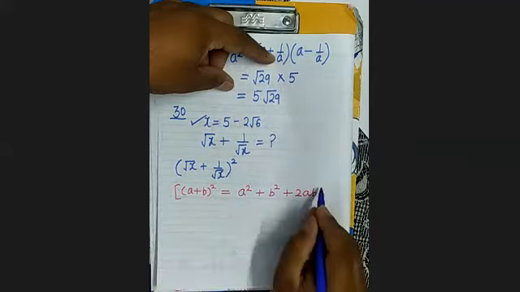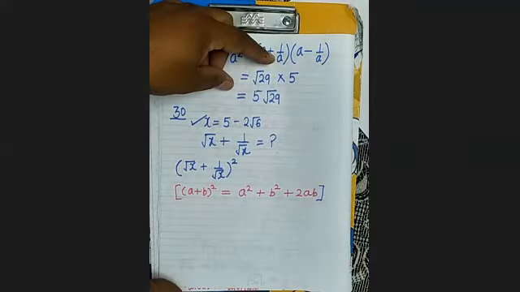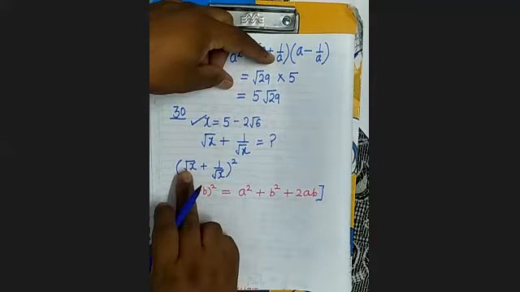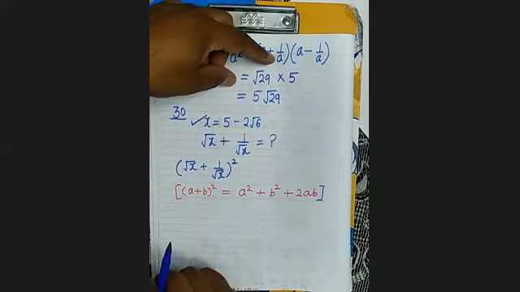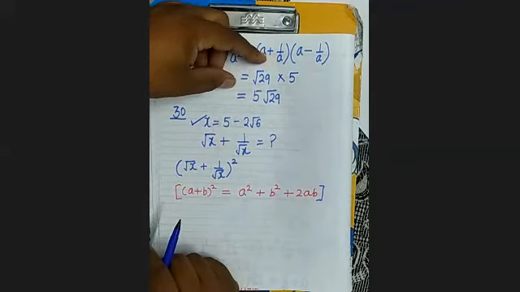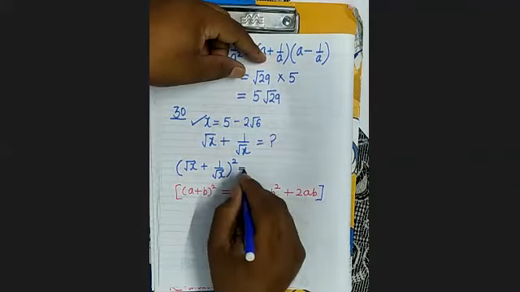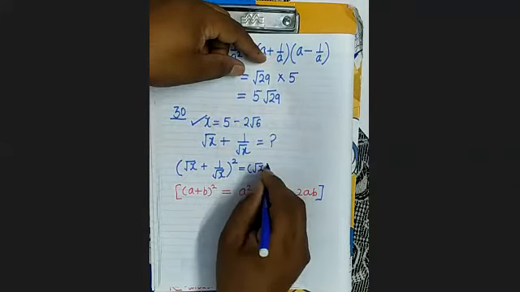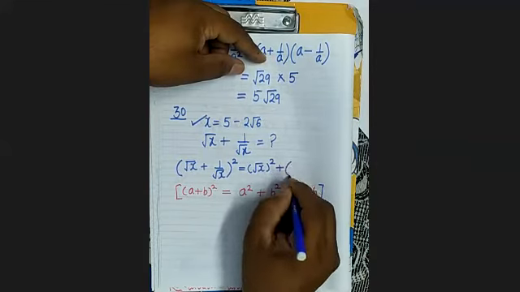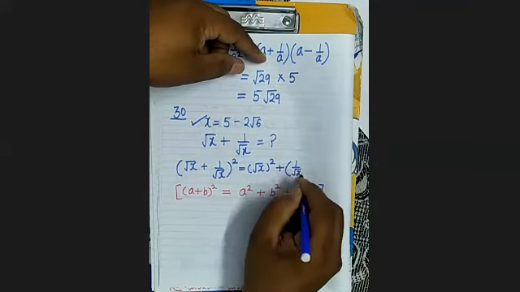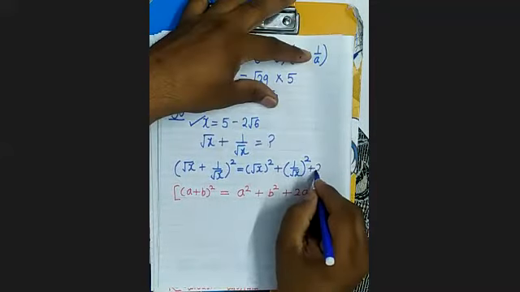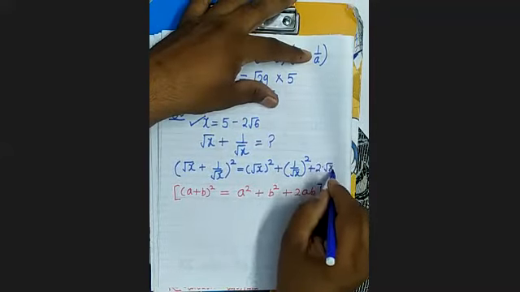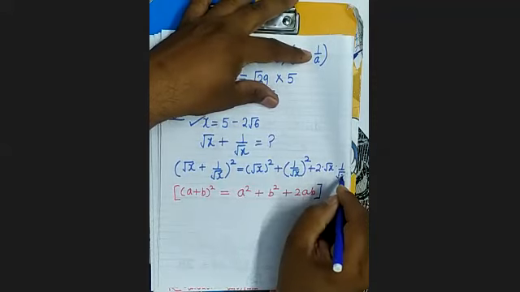What is in place of A here? Square root X. In place of B? 1 upon square root X. So it is root X whole square plus 1 upon root X whole square plus 2AB, 2 into root X into 1 upon root X.